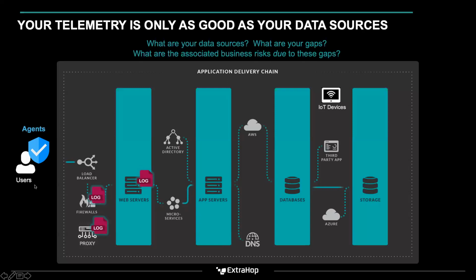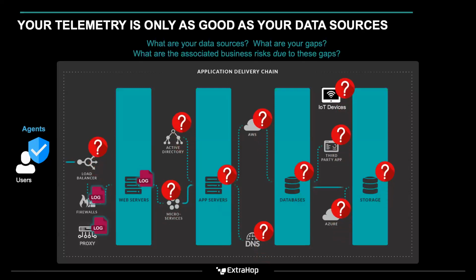They're enterprise assets. Sometimes these agents, both for performance as well as security, can also reside on these server-side critical asset components as well. Now, the thing about these agents as well as the logs is that you can't necessarily deploy them everywhere, okay? So you lack the visibility from every single tier of the application delivery chain. That's one of the key things about both of these data sources.